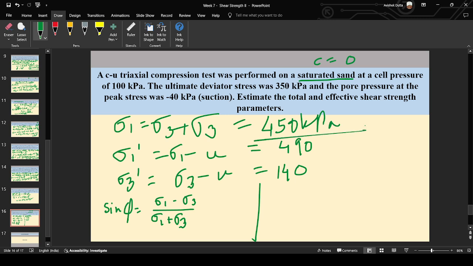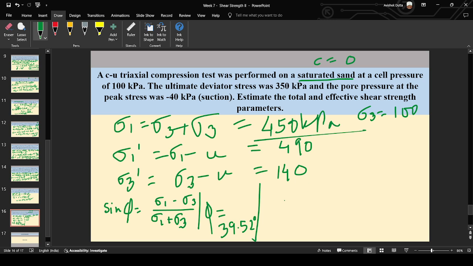Sigma 1 is 450, sigma 3 is 100. So 450 minus 100 divided by 450 plus 100, from which the total shear strength parameter, the angle of friction phi, is approximately 39.52 degrees.